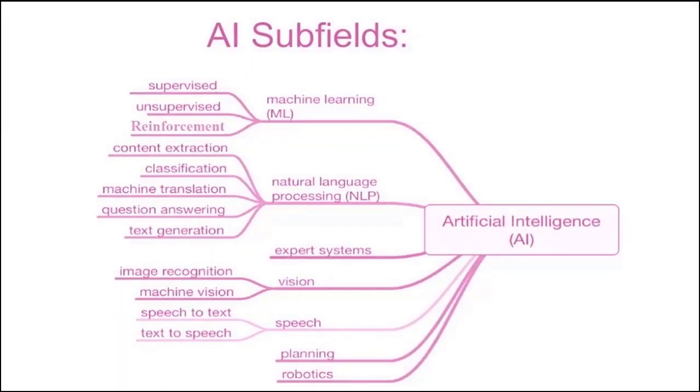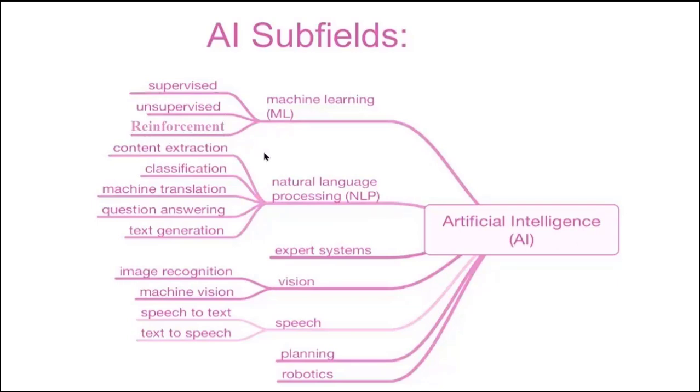In this figure, you can see the subfields of artificial intelligence. The most important subfield is ML or machine learning. Machine learning itself has three types: supervised learning, unsupervised learning, and reinforcement learning.